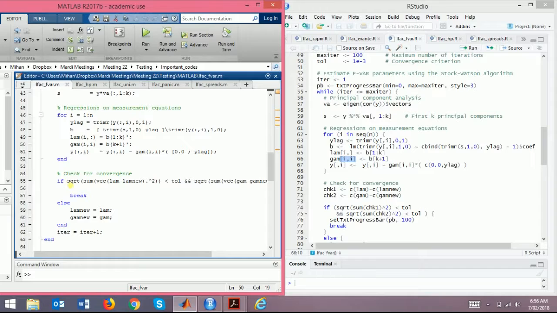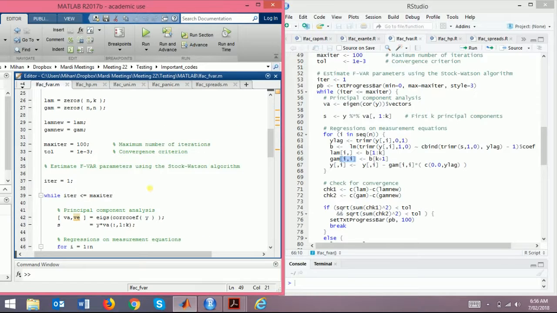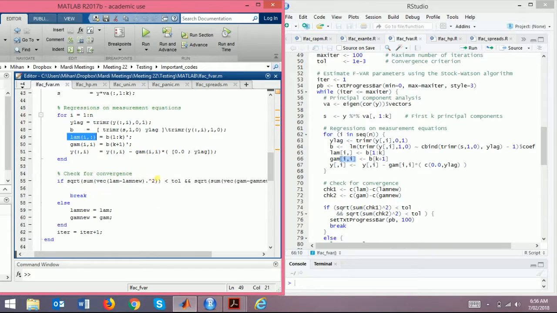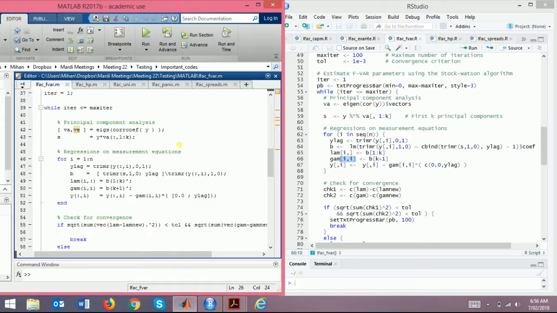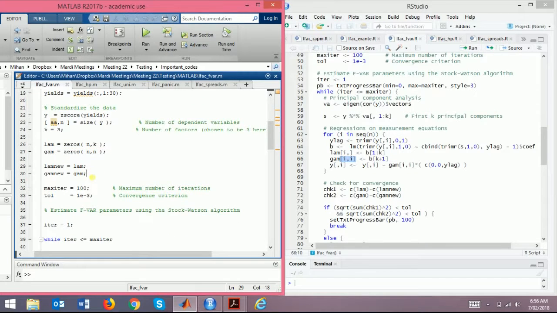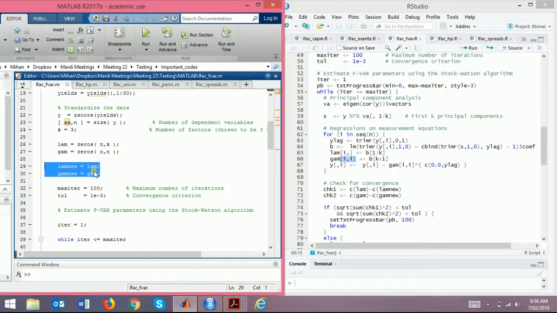If the square root of the summation of the vector, lambda minus lambda nu, where lambda is this, that is being estimated, and lambda nu is lambda zeros. Each time I want the system to store the lambda values in lambda nu and gamma values in gamma nu.